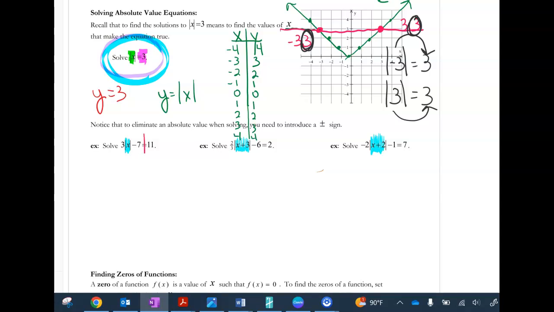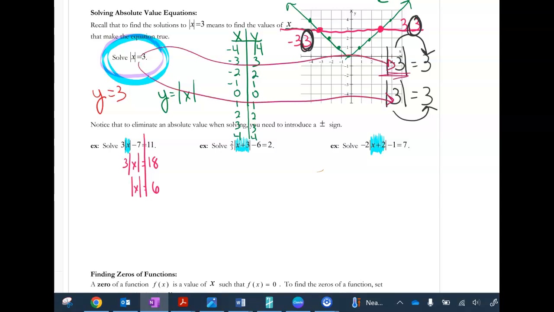So working through this one, we're just going to work backwards. So first I'm going to add 7. And then I'm going to divide by 3. And when I'm done, I have 6. So if you think about what we did up here, there are going to be two numbers, -3 and 3, that if I take the absolute value of them, I got a +3.